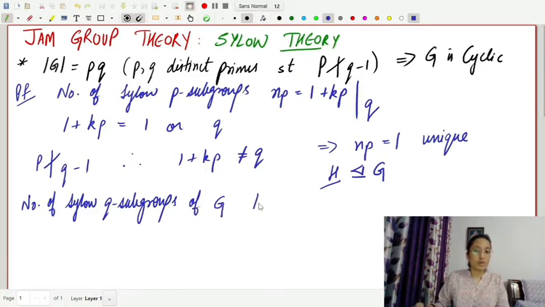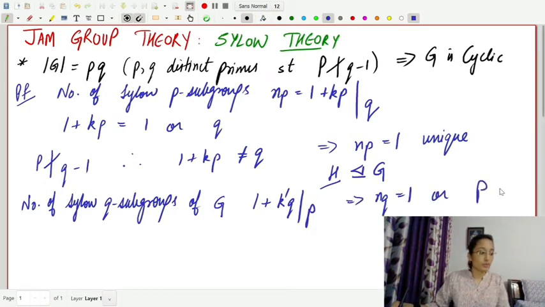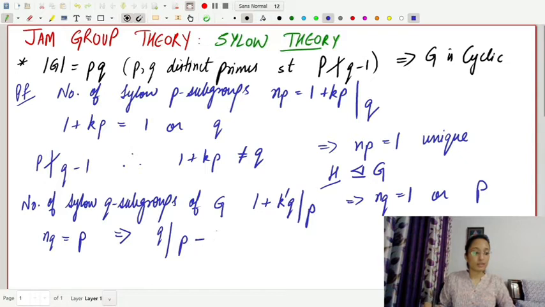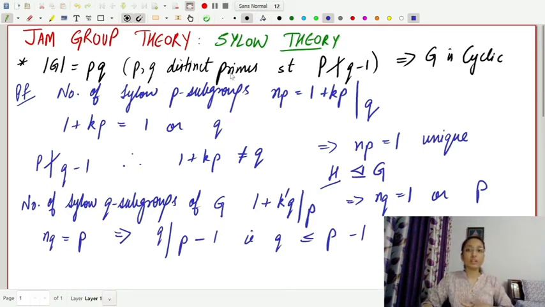In this case, 1 plus K dash Q divides P, which in turn implies NQ is either equal to 1 or P. If NQ is equal to P, it implies that Q divides P minus 1, that is, Q is less than or equal to P minus 1, which is a contradiction, because obviously if there are two distinct primes, one would be greater than the other.